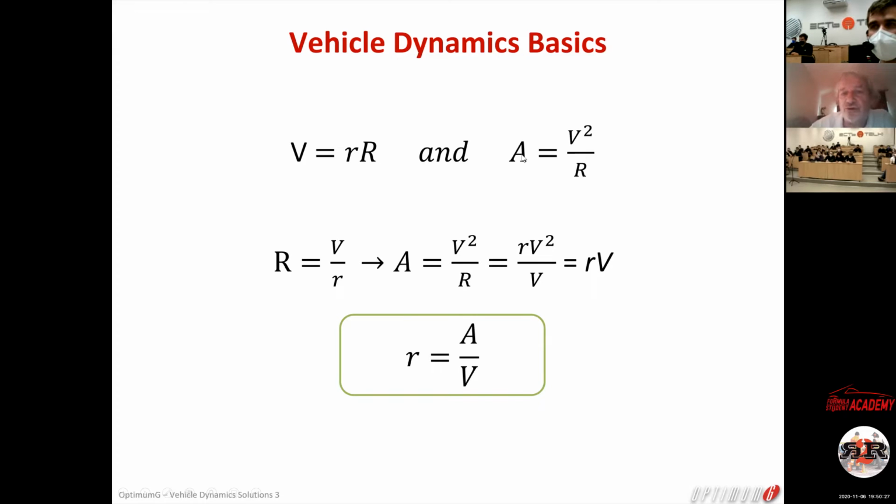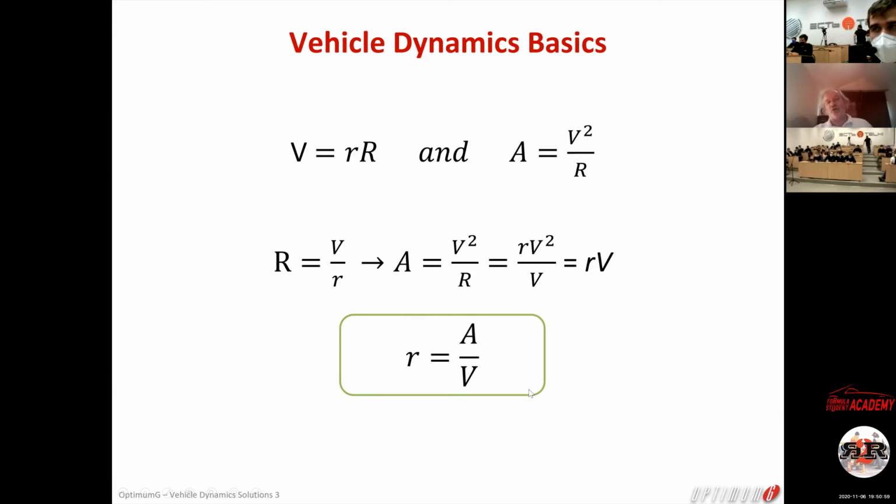You also know that the lateral acceleration is V squared divided by R. So is big V equal little r multiplied by big R? Well, big R is equal to big V divided by little r. You also know that A equals V squared divided by R. I'm going to replace R by its value. And you are going to have that little r is going to be A divided by V. In other words, you have little r equal A divided by V.